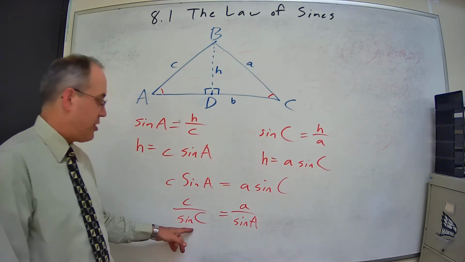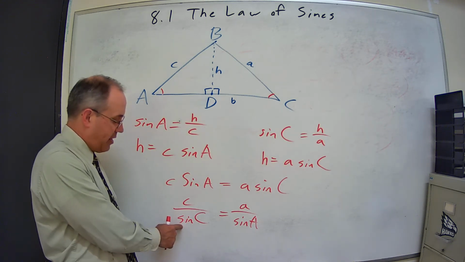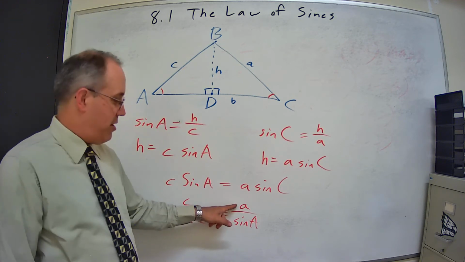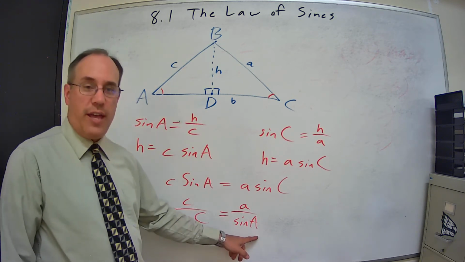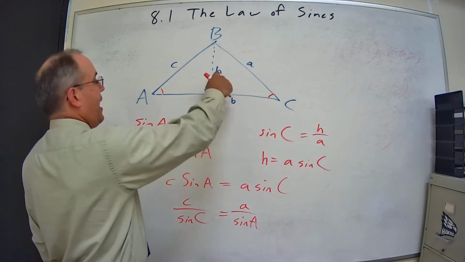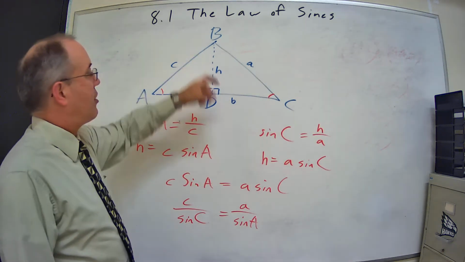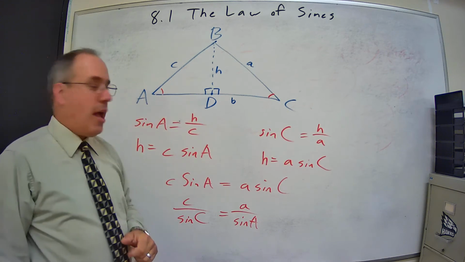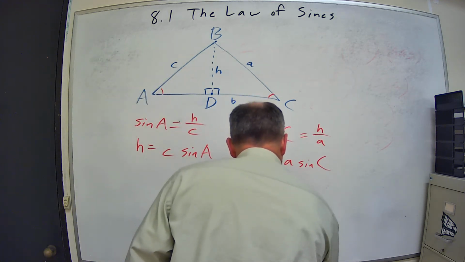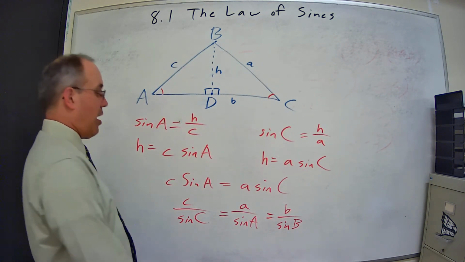So now I have a relationship saying that the ratio of the length of side C over the sine of the angle C is equal to the ratio of the length of side A over the sine of the angle A. And if I were to go through and do this again, but make H go from one of the other peaks, like from C, or from A, I could do the exact same thing and show that that also is equal to B over sine of B. And that is the law of sines.